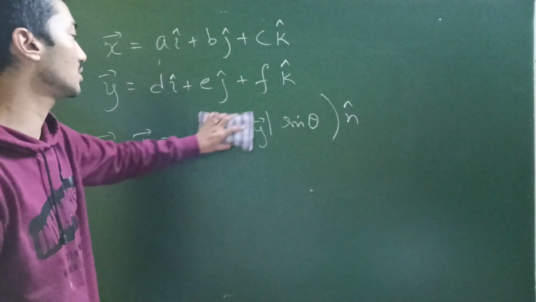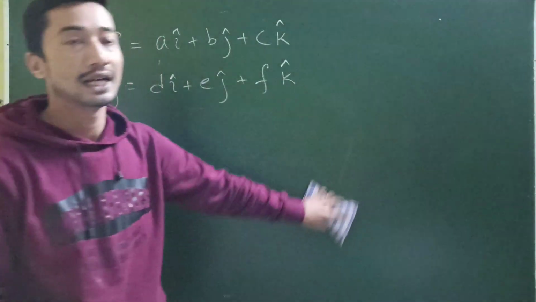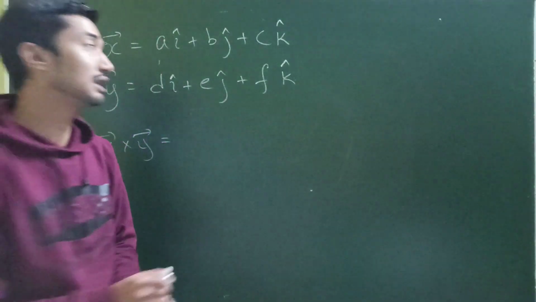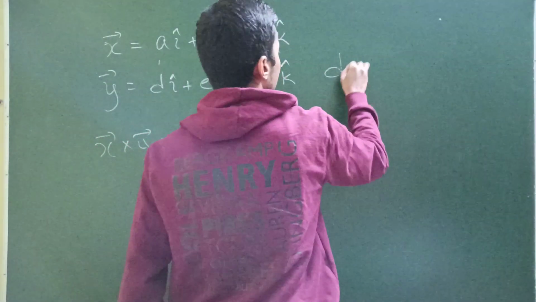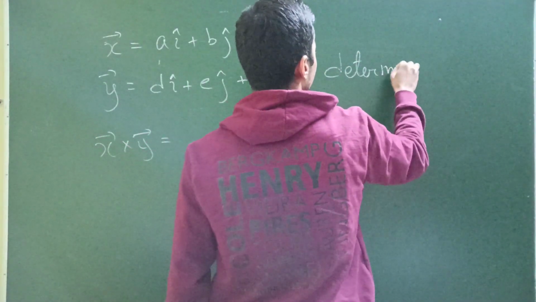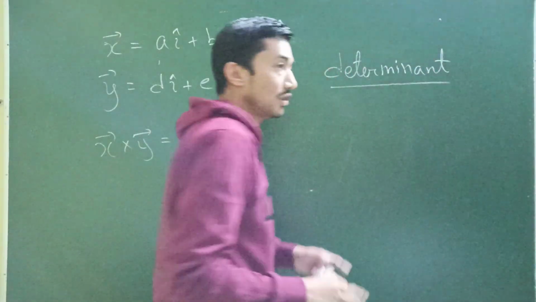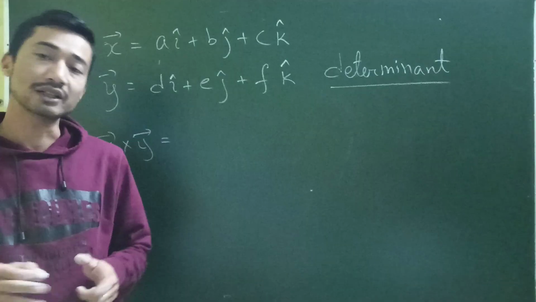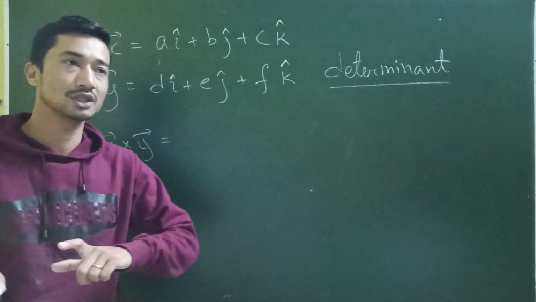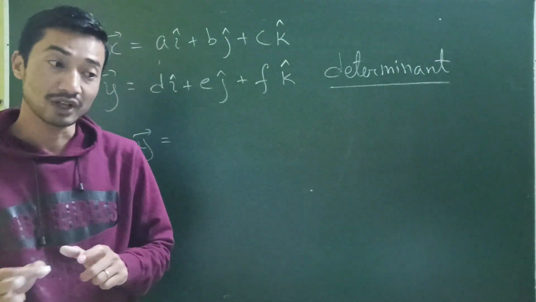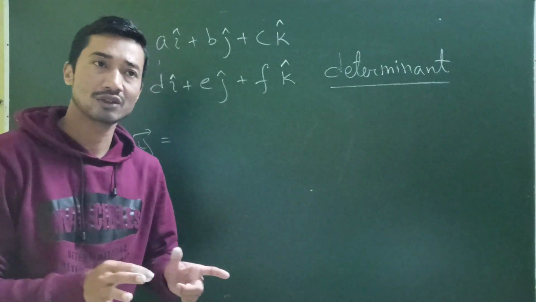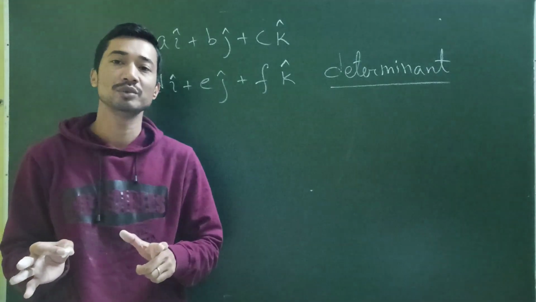In that case, we have one very beautiful method which is actually called the determinant method. You remember matrices? The determinant method. In matrices and determinants, how do we find the value of the determinant? Same concept we will be using.